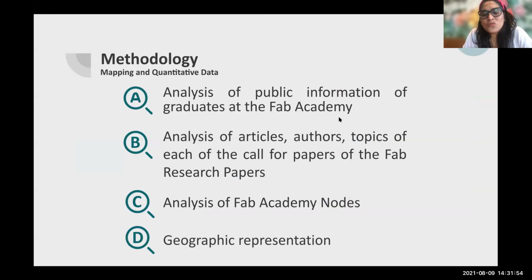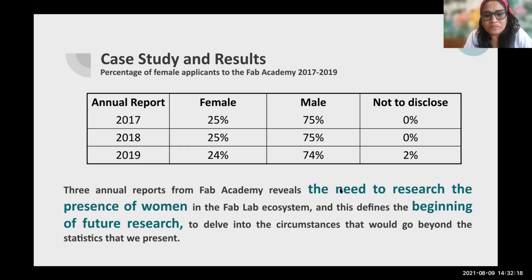Our methodology to present that paper was to analyze the public information of graduates in Fab Academy, and an analysis of articles, authors, and topics of each of the core papers of the Fab Lab research papers, and an analysis of Fab Academy notes, who promotes and who participates in the Fab Academy every year, and that geographic representation.